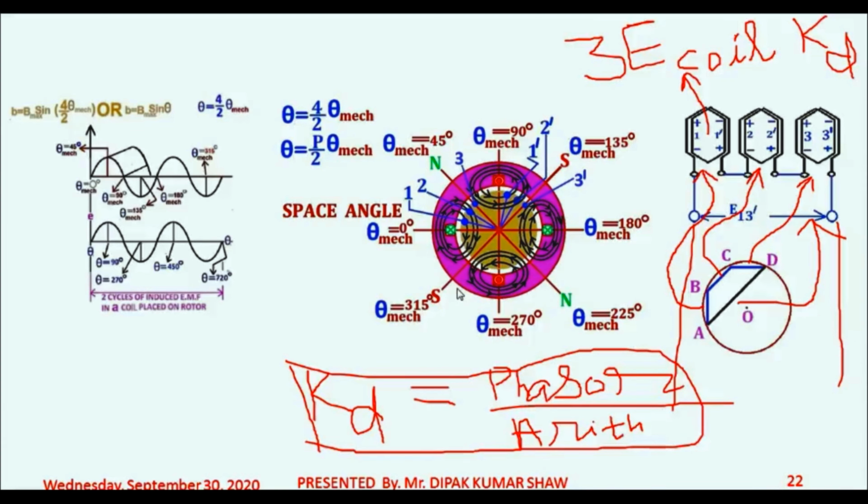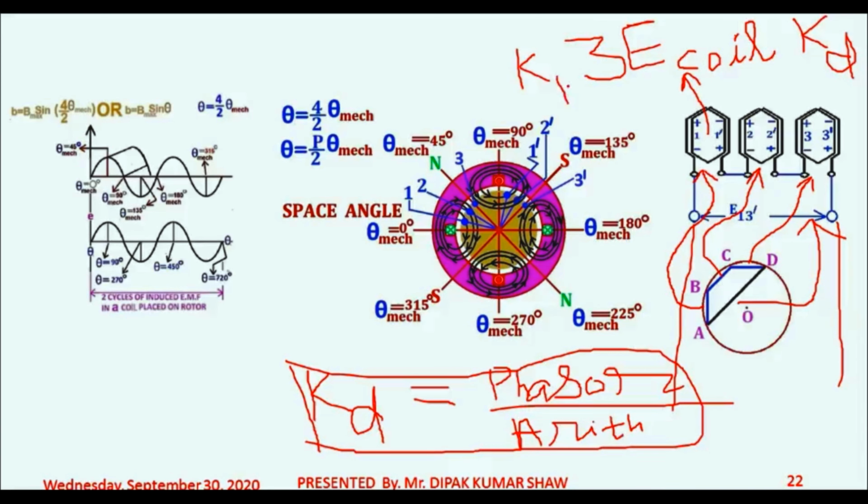Now if the coils are short pitched also, in that case you have to multiply this further by Kp. If the coil is short pitched also, then you multiply the phasor sum, that means the arithmetic sum into the distribution factor, along with Kp. Kp is the pitch factor.